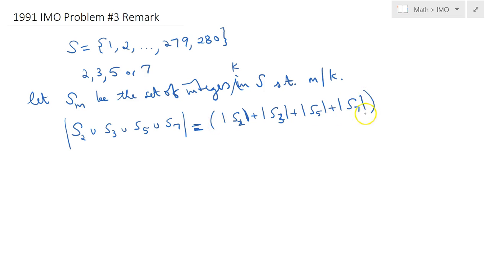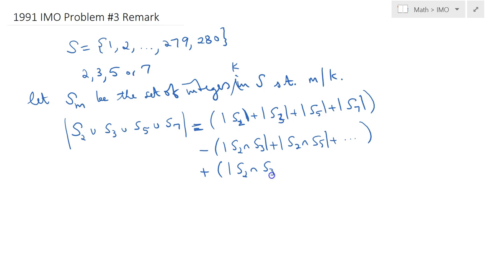Then that would overcount, obviously, because some numbers are divisible by both 2 and 3 at the same time. So I need to take those off: those that are divisible by 2 and 3, and then those that are divisible by 2 and 5, and so on. And then I need to add back, since we over-subtracted here, the combinations with 3 of them in it.